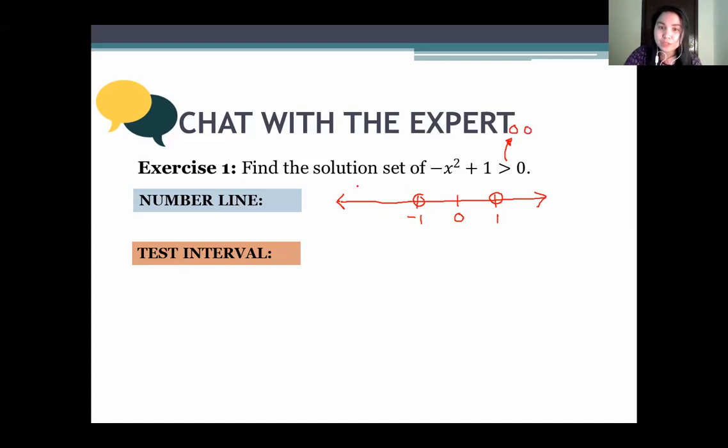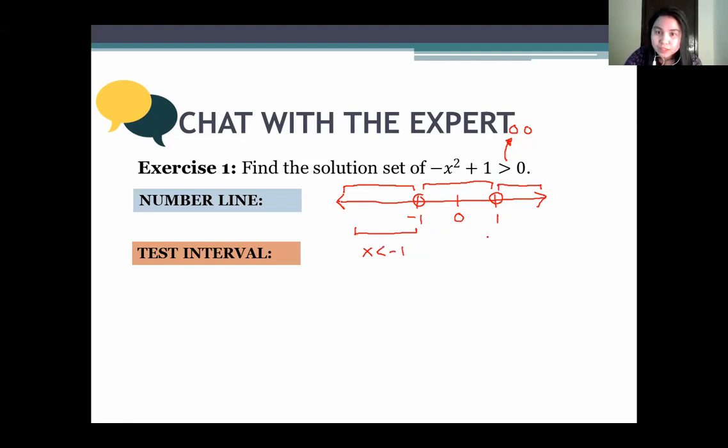Now we test the interval. With this number line, we have divided our number line into 3 parts. This is one part. This is another part in the middle. And the last is after the circle. Since there are 3 parts, the first is called x less than -1.